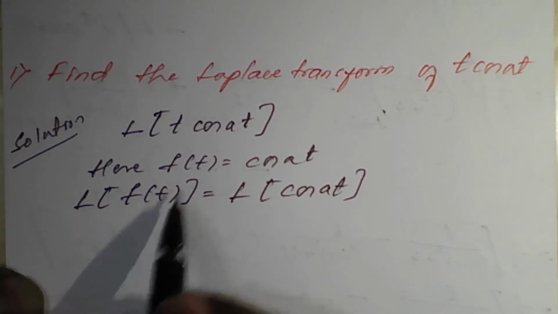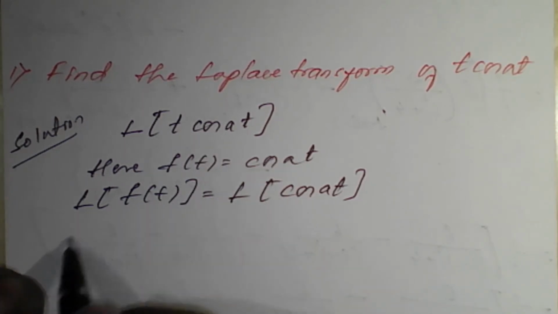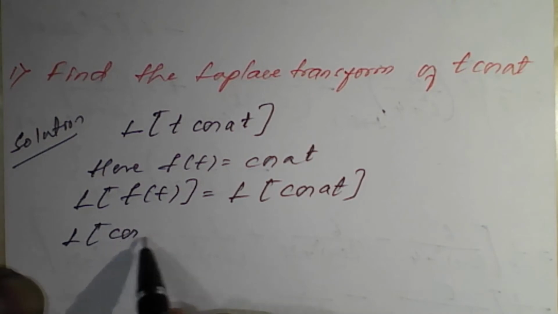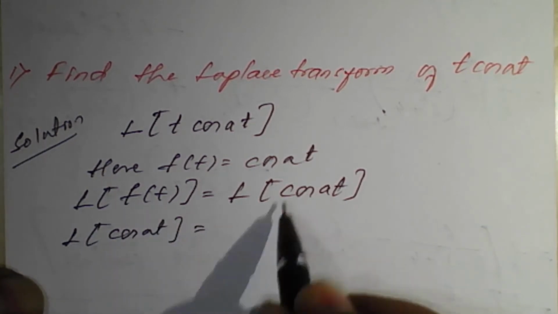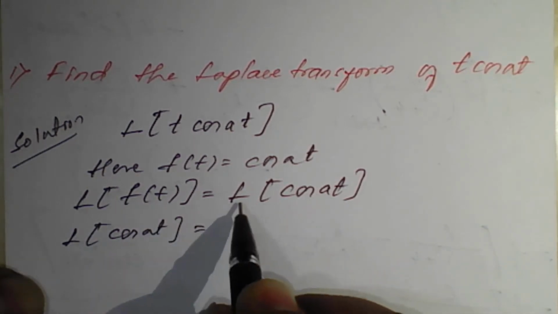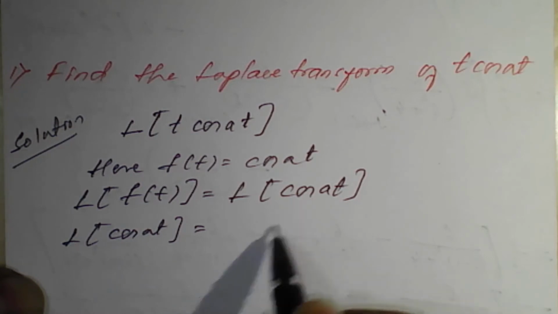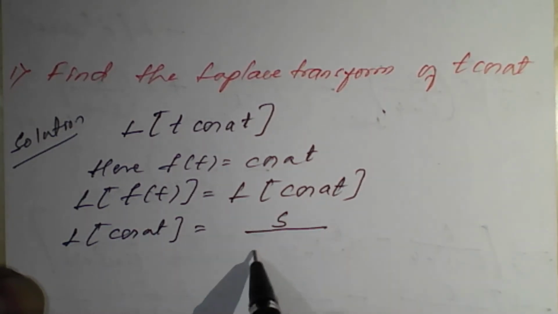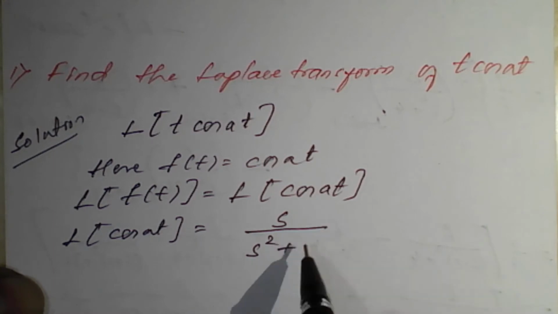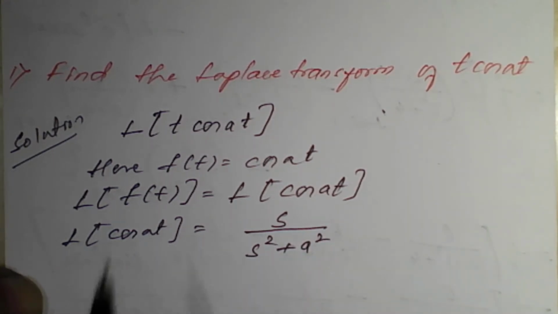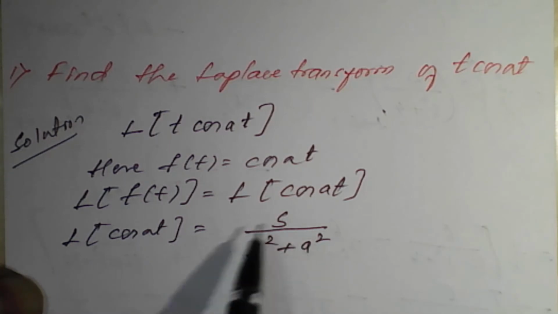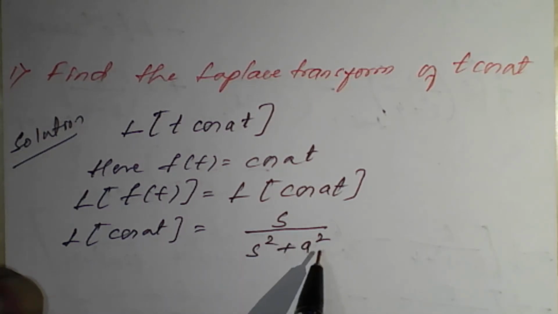So Laplace of cos of at is equal to, because of cos, it will become s divided by s square plus, the coefficient of t is a, so a square. So we got Laplace of cos at as s divided by s square plus a square.